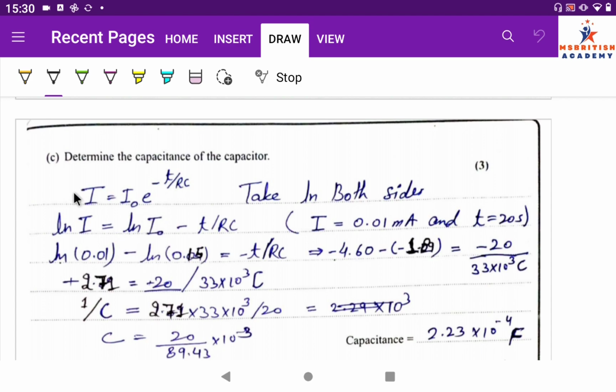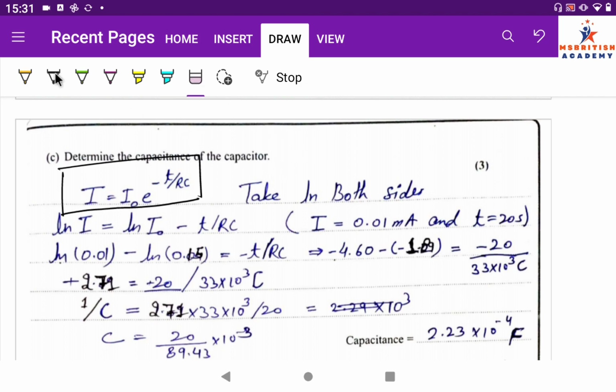As we know, the formula is I equals I naught e raised to minus t upon RC, where this is the resistance and this is the capacitance. Taking ln on both sides, ln means log with base e.